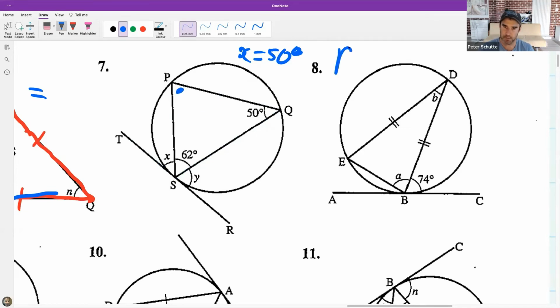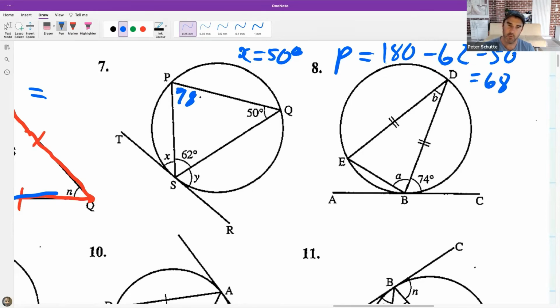And P would just be 180 minus 50 minus 62, which is going to be 112, which is 78. Oh, is it? Maybe I made a mistake. I think I have made a mistake. It's 68, yeah. So 180 minus 62 minus 50, that's 112. And so that's going to be 68.